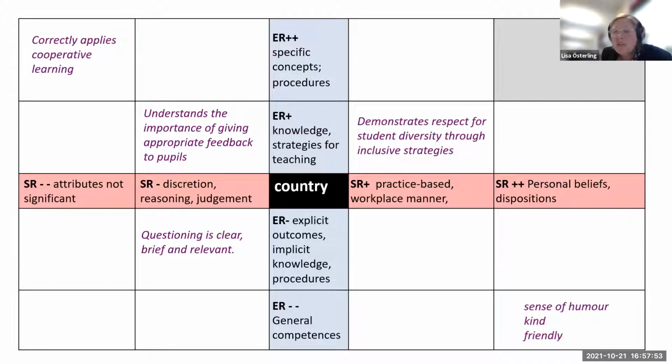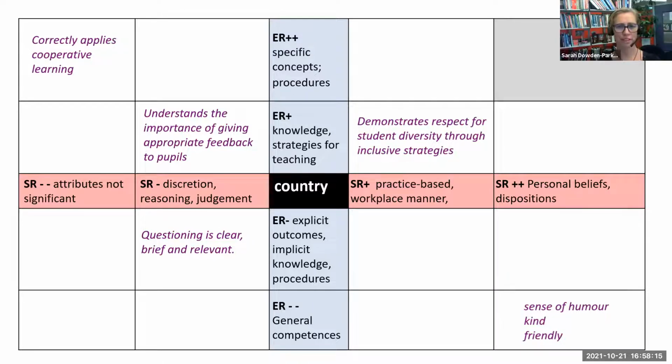So it's more than an outcome. There is a knowledge strategy. It's not ER++ because it's not explicit. What do they need to know to make an inclusive strategy? But it implies that there is teacher knowledge involved. It is not only the outcome.